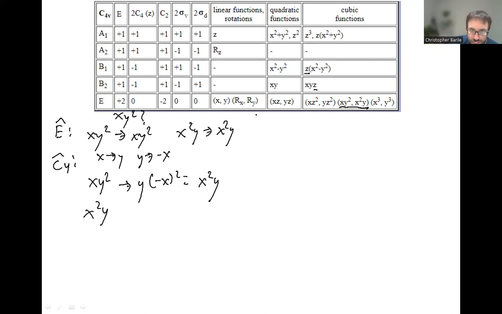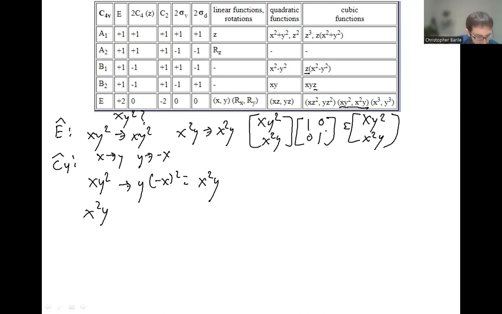What this matrix is saying is how xy squared and x squared y transform: they transform as the identity matrix. And the trace of the identity matrix is 2. So we get a chi for identity equals 2. And so that's our 2 up here.